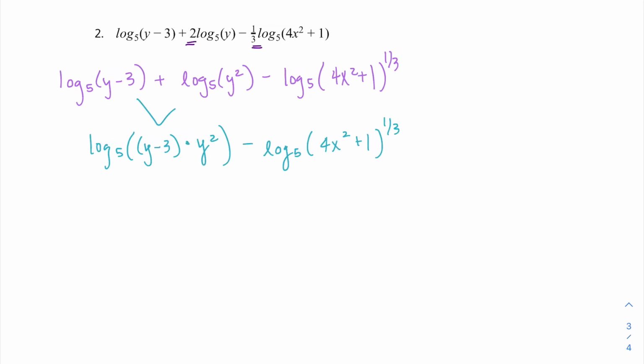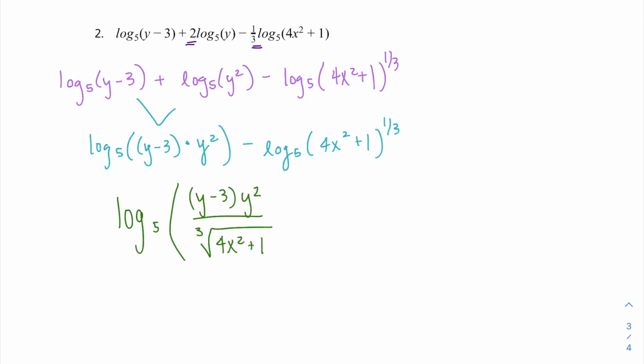And then lastly, we need to change this to division using the quotient rule, right? The quotient rule says when you have subtraction between logs, you can condense it to division inside of a log. So this first one will be our numerator, and the second one will be our denominator. And we're done.